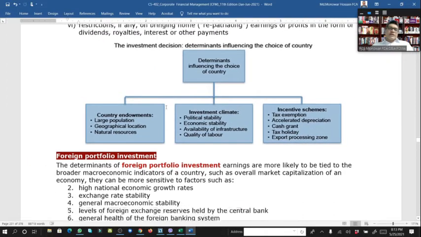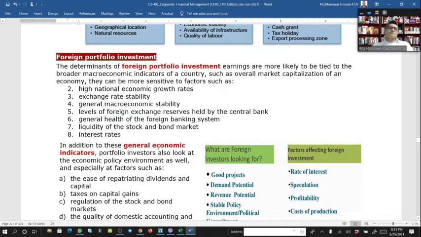And also foreign portfolio investment. The determination of foreign portfolio investment earnings is most likely to be tied to the broader macroeconomic indicators of countries, such as overall market capitalization of an economy.